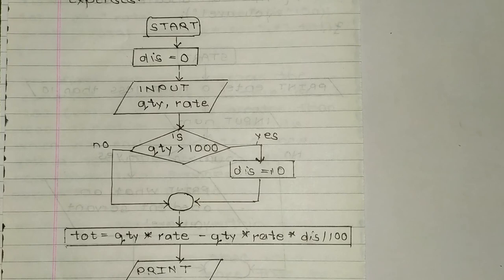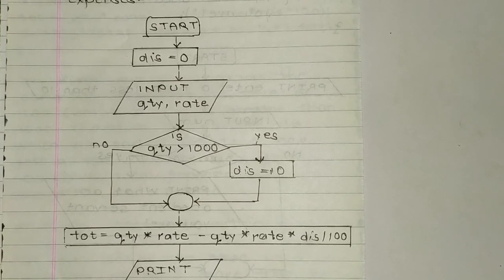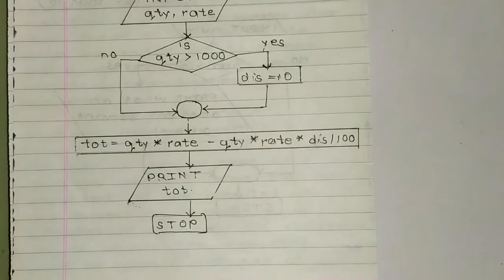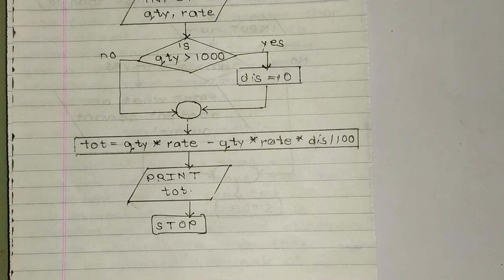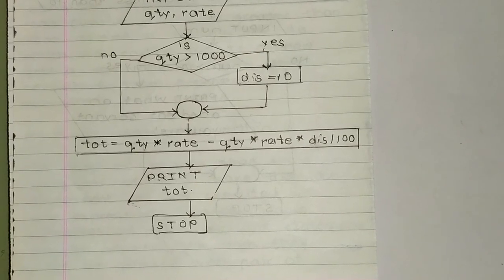Now is quantity more than 1000? It is comparing whether quantity is more than 1000 or not. So no and yes are there. For yes the discount is 10, and for no the discount stays 0. Then there comes a formula, and by applying this formula we are printing the total result, and then we are stopping.